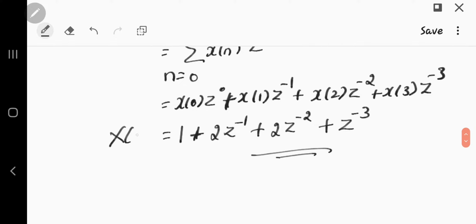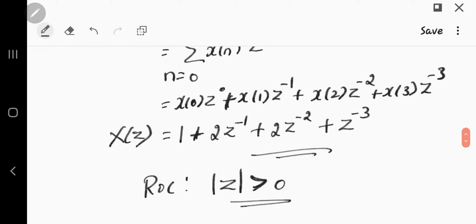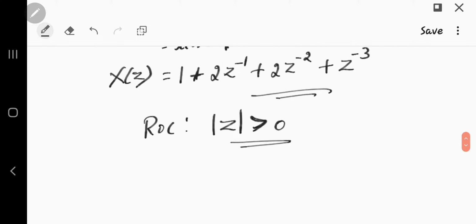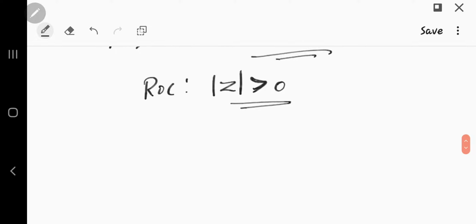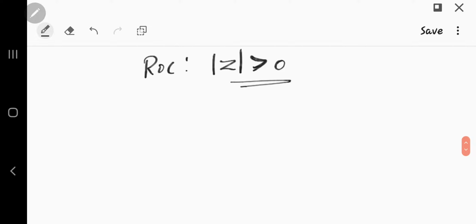So this is x of z. The condition says if it is a positive time sequence, then the ROC, the values of z, will be greater than 0. So here ROC will be greater than 0. I'm just giving the example for a positive time sequence.